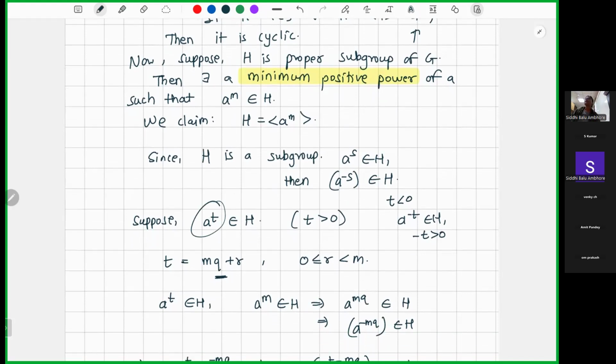Because A is a generator of the group G, so any element of H is also an element of G, and elements of G are powers of A. That's because G is cyclic.